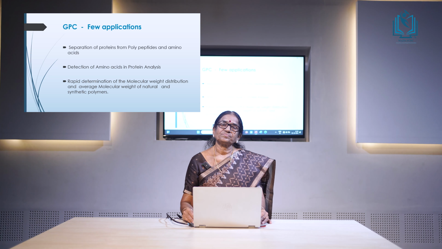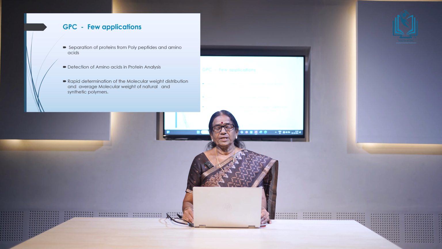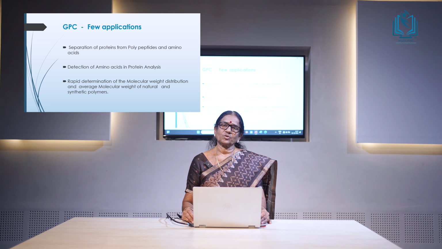I hope you have understood what GPC, gel permeation chromatography, is, and how it is different from the other chromatography techniques, like column chromatography and paper chromatography, where they are mainly based on the interaction between the molecules. Here it is purely according to their molecular size or molecular weight. So, gel permeation chromatography is something different, and it is mainly applied to polymer solutions.